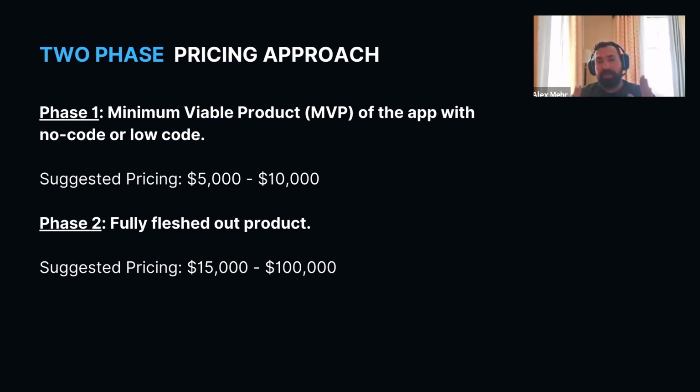So the purpose of a minimum viable product is to create that app quick and dirty. Or it can be the final product. Again, we have built final products using no code or low code. I can even give you examples.